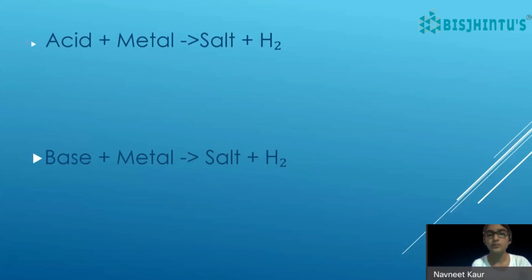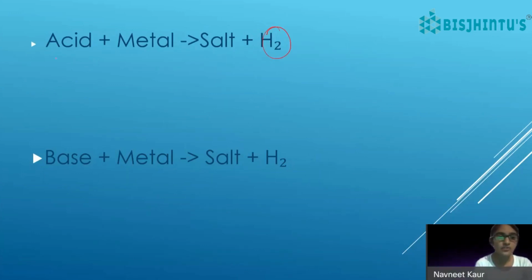First of all, we are learning what is common between acid and base. Under that, the first property is that they release H2 gas, or hydrogen gas. The second property is that they have the tendency to release ions in the presence of water.